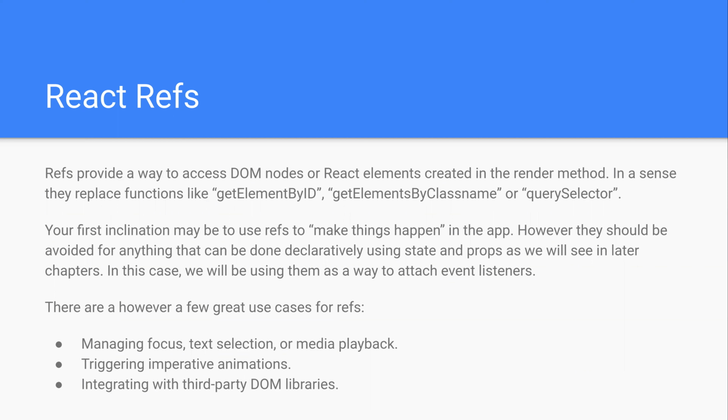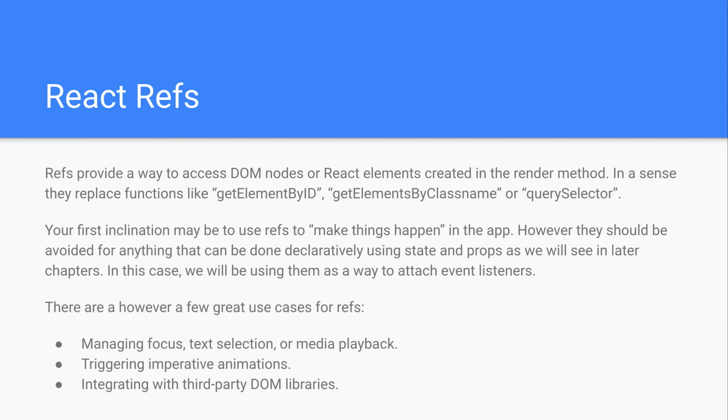So we can attach an event listener to that specific element. We'll see a way in React to do the same without going through the JSX. We'll use what we call refs to trigger an event and add an event listener.